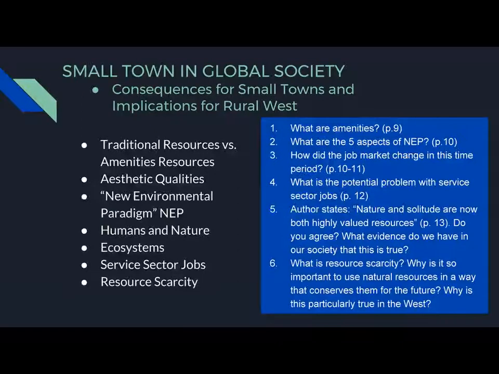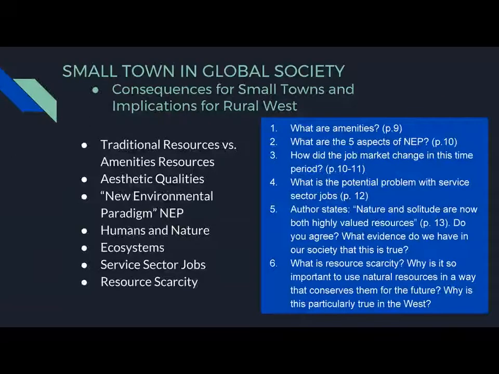So we're still looking at the global society, small towns in the global world, and what are the consequences and the implications? So what is the impact on the rural West, small towns in the rural West, like Taos?